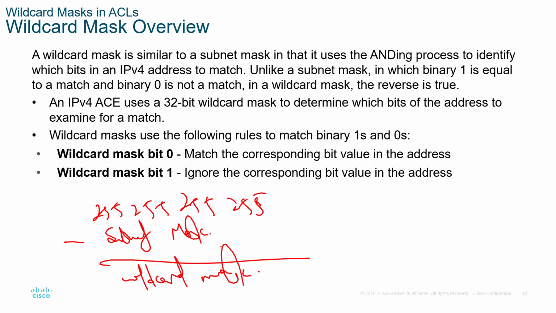I think I'll explain that using a couple of examples. A wildcard mask is basically the inverse of the subnet mask, which tells our router or our firewall which bits to match, which bits to allow, permit, or deny after matching.